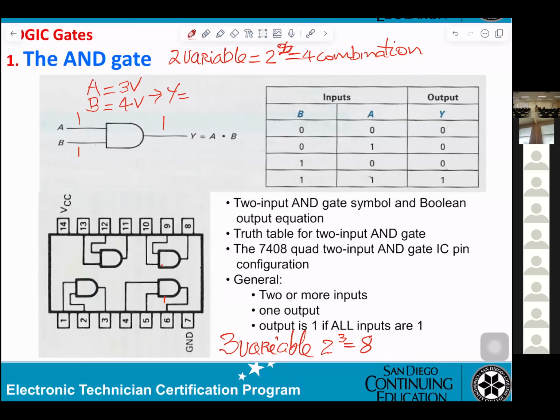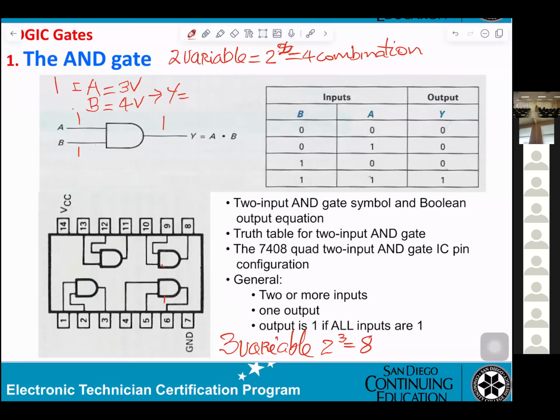In binary, we don't care about the voltage. We care about logic. A, you measure 3 volts, that tells you A is logic 1.